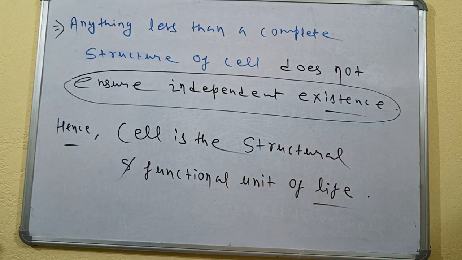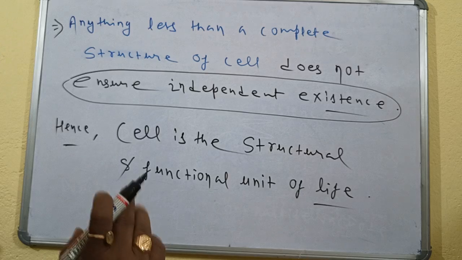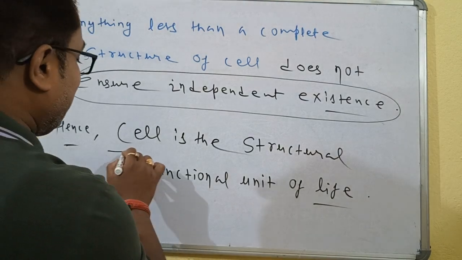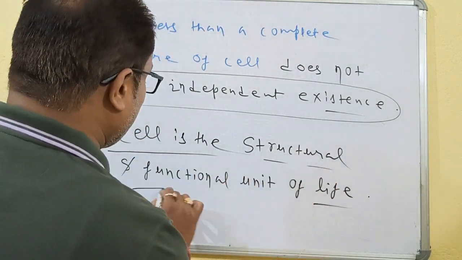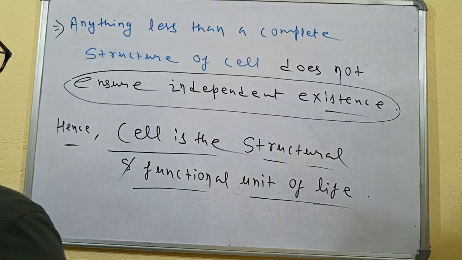That means anything less than a complete structure of cell does not ensure independent existence. That's why we can say that cell is the structural and functional unit of life.